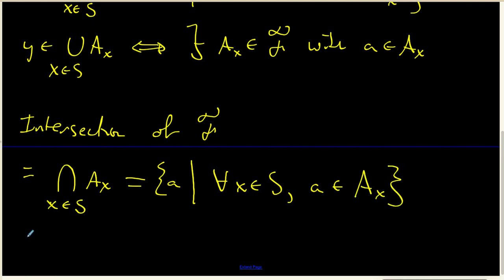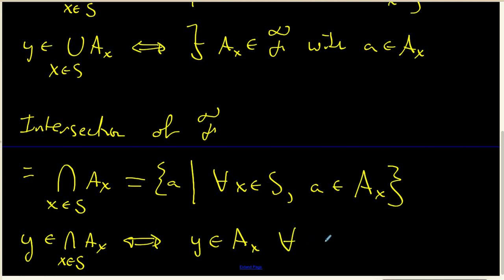In other words, y belongs to the intersection of the A sub x's as x runs through all of the indexing set if and only if y belongs to A sub x for all of the members of my family. So unions and intersections are done in exactly the same way that they would always be done. It's just that we wind up using this slightly more general definition of how to do the symbols.